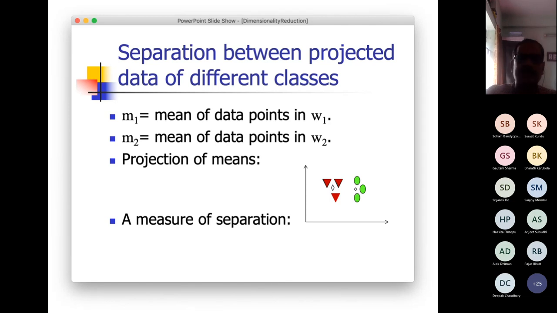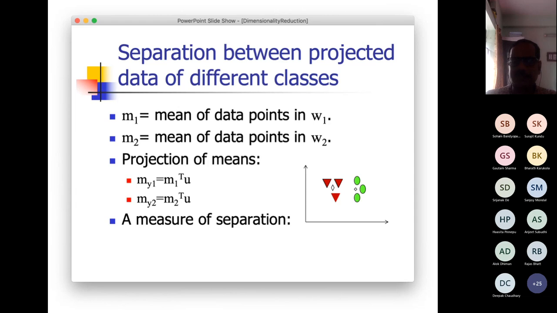That means you have to project the means only. So you get M1 transpose U, where U is the unit vector, please note that, and M2 transpose U, right? This can be very easily proved. You can check it out.